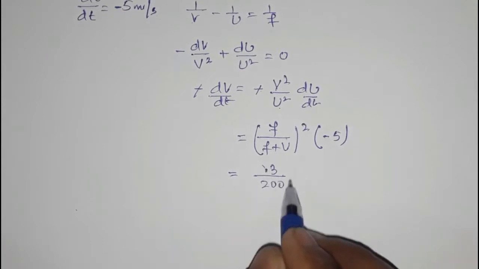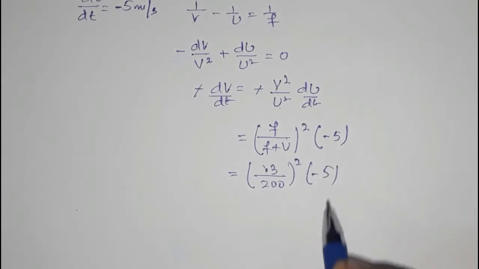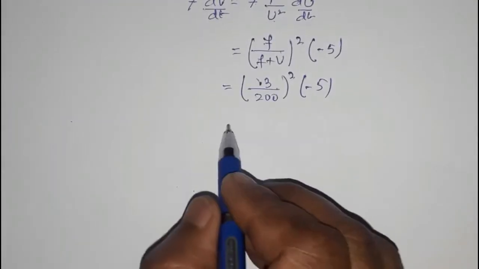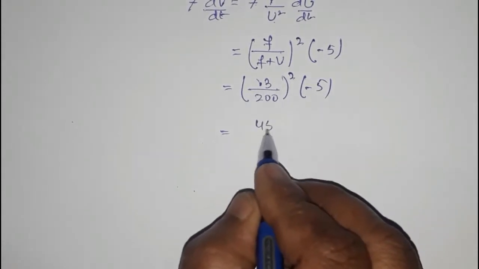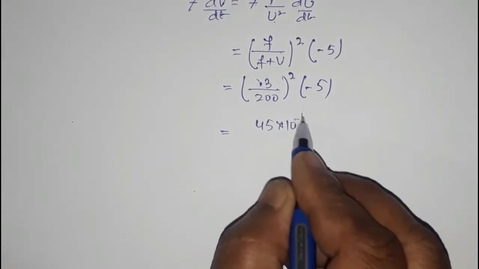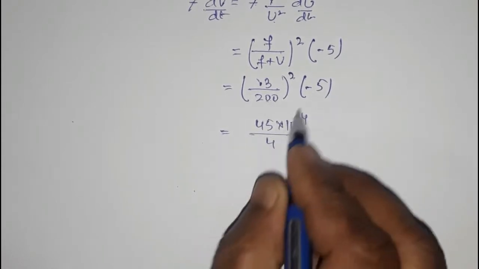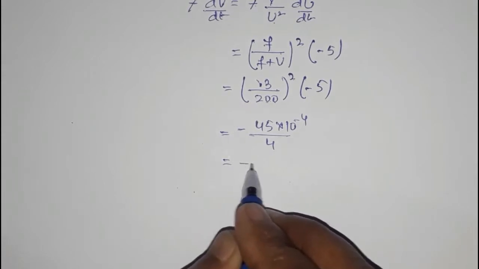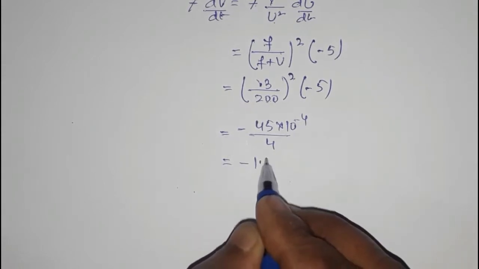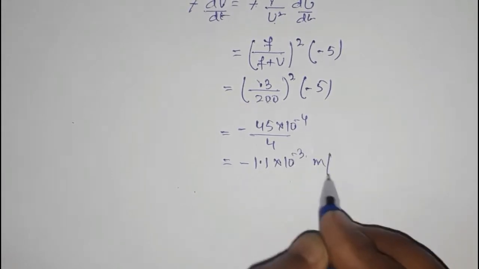This is cancelled, this is 100, that is squared into minus 5. That means you are getting here 9 into 5, that is 45 into 10 to the power minus 4, divided by 4 with a minus sign. That is approximately minus 1.1 something into 10 raised to power minus 3 meter per second.